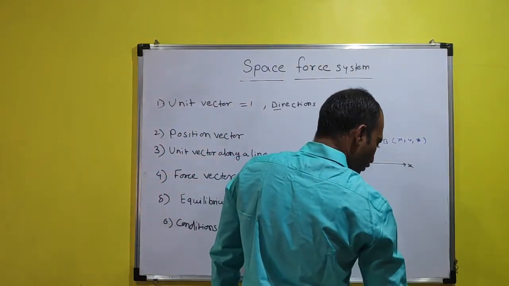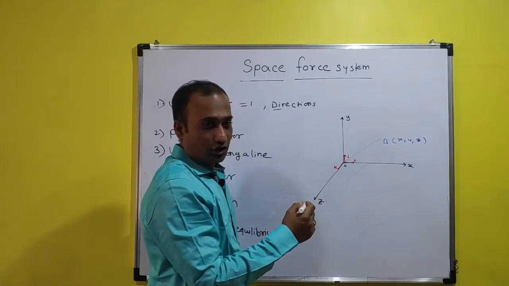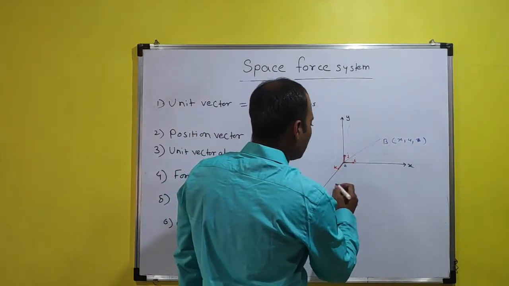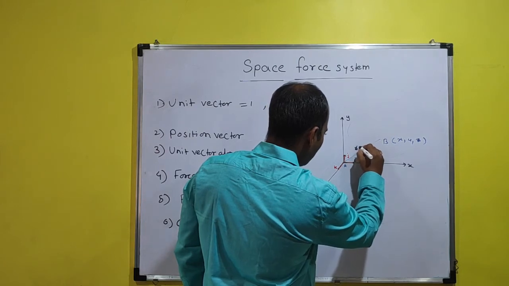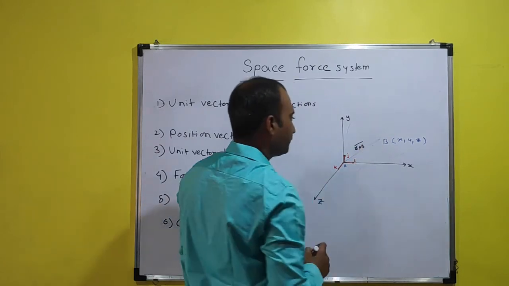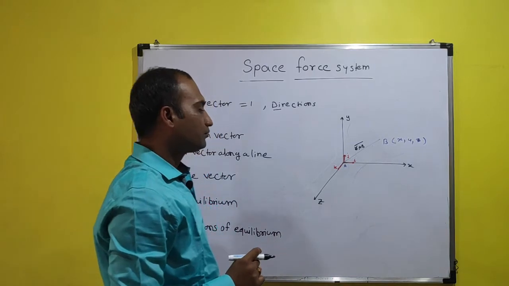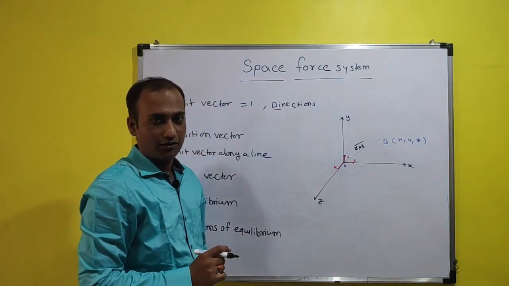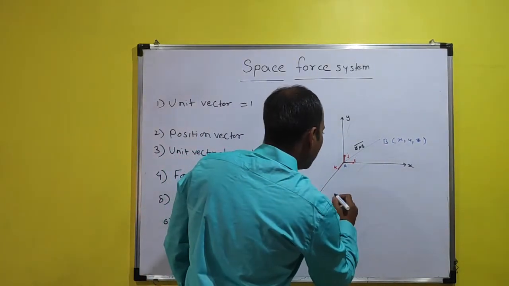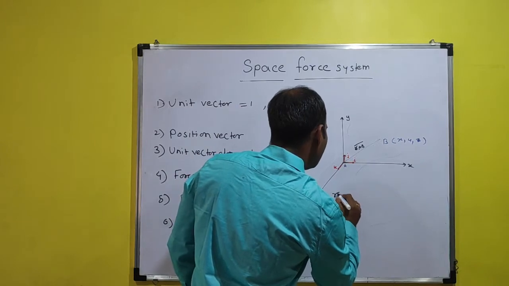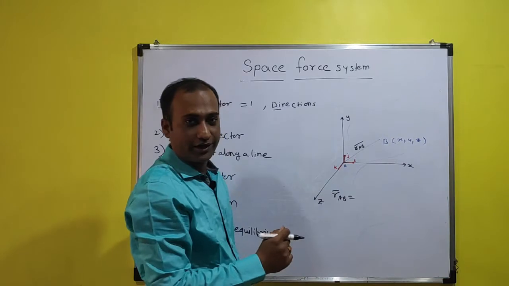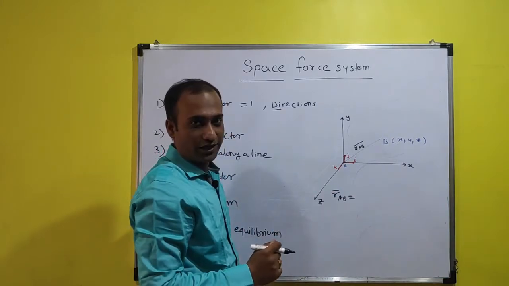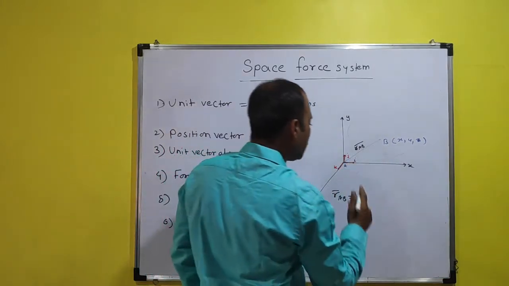So this is the position vector of the line AB. It should be equal to the next coordinate minus the previous coordinate, and we have to give the unit vectors.